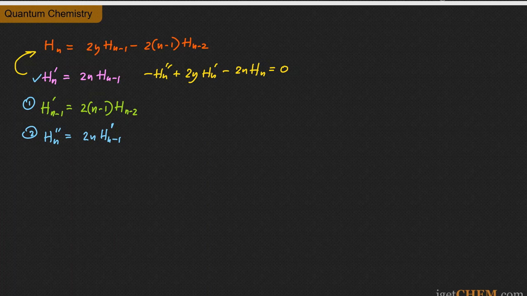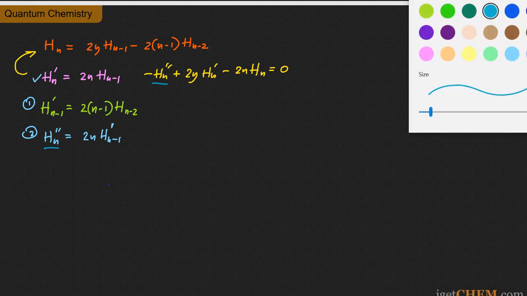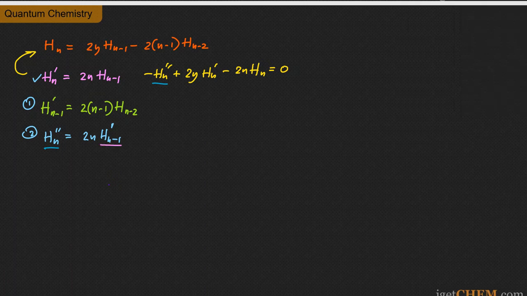And now I'm going to put those back into the expression in the yellow equation. So putting these back in, we see that we have this one is given by that one, but that one contains an H_{n-1} prime, which is given by that one.